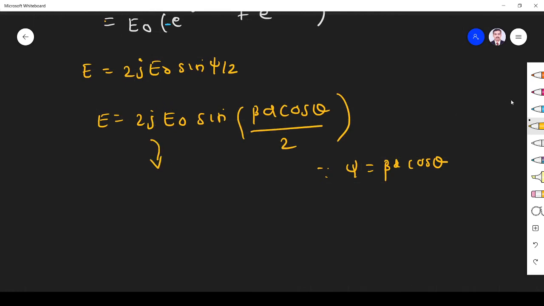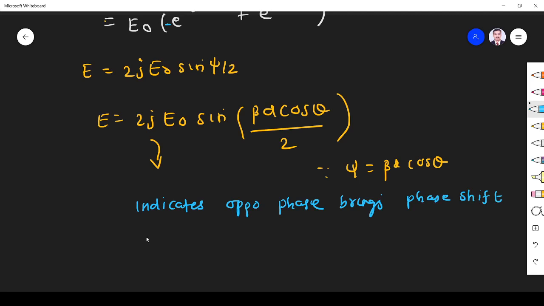So you see, the j has come. From this answer also we can understand that this j indicates opposite phase, and opposite phase brings an additional phase shift of 90 degrees.